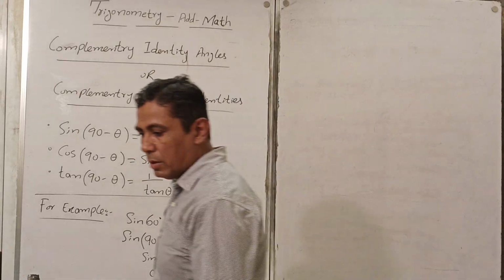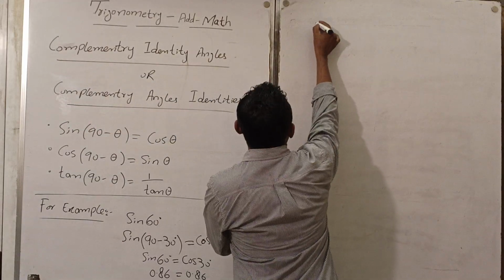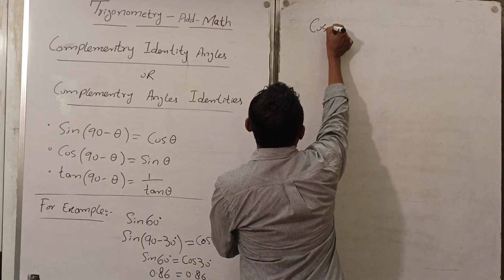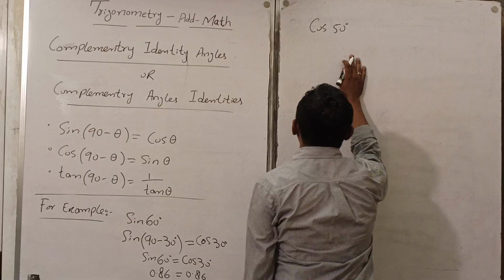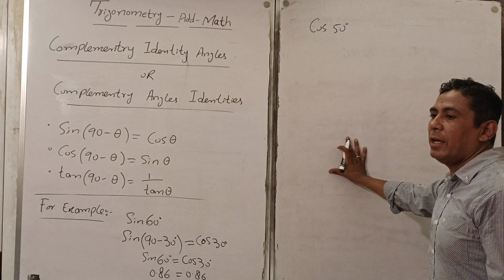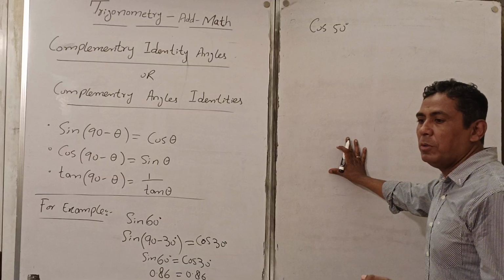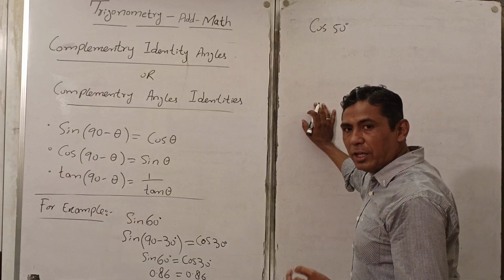Look at this one. Similarly, cos 50 degrees. What should we subtract from 90? It becomes cos 50, so 40.